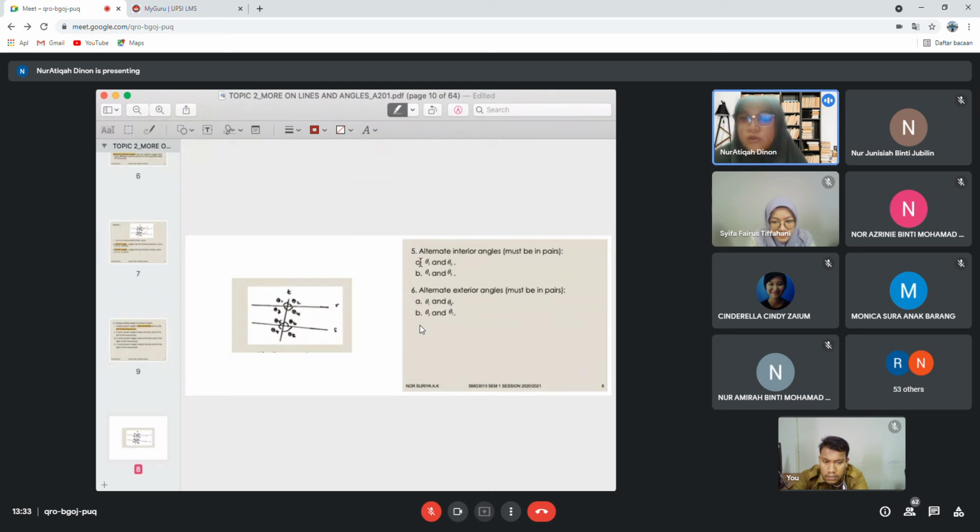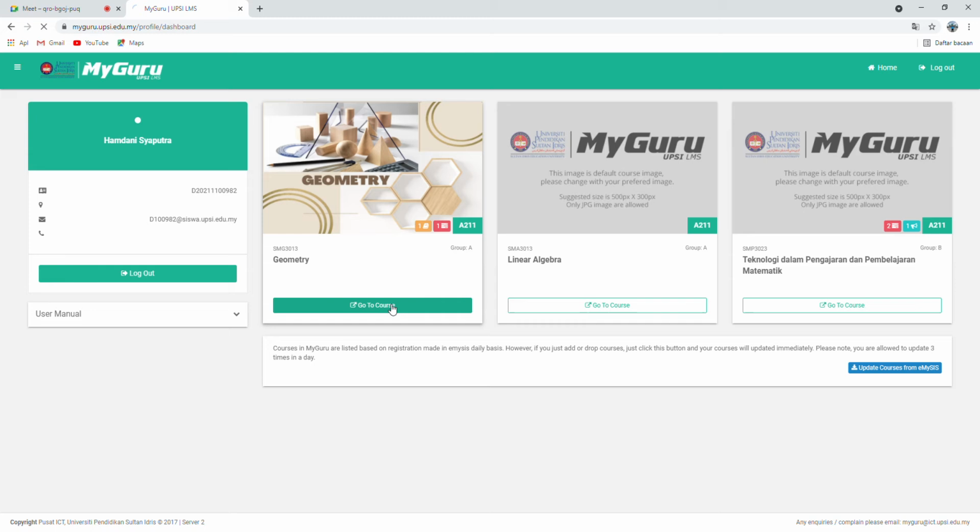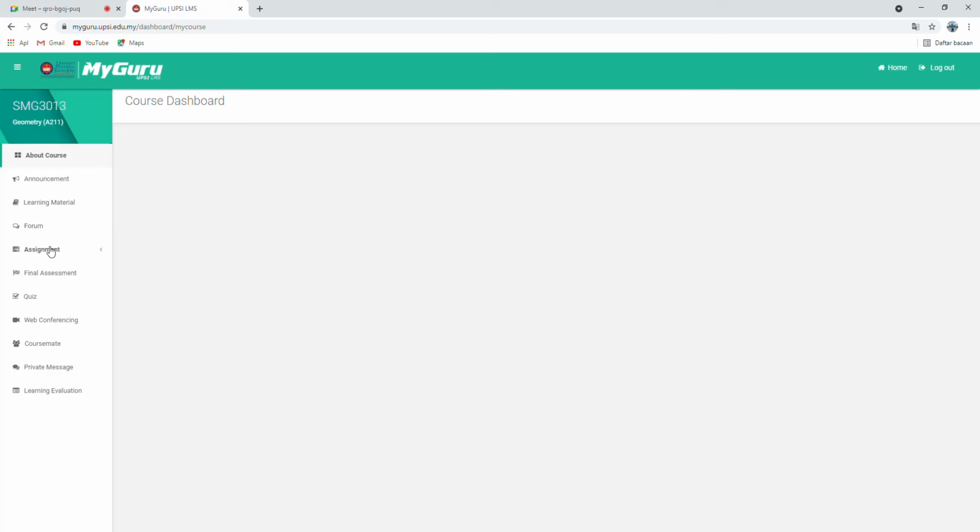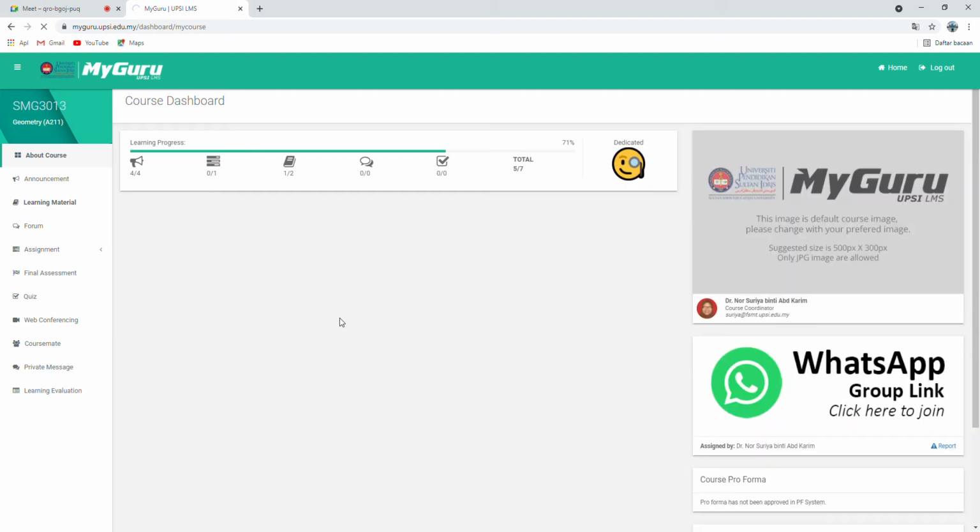Okay, now let's look at the fourth one, which is the alternate interior angles, and the fifth one, alternate exterior angles. Both are also almost the same as the number 1 and number 2 types of angles. Okay, but what are alternate interior angles? It will be given as theta 3 and theta 6.